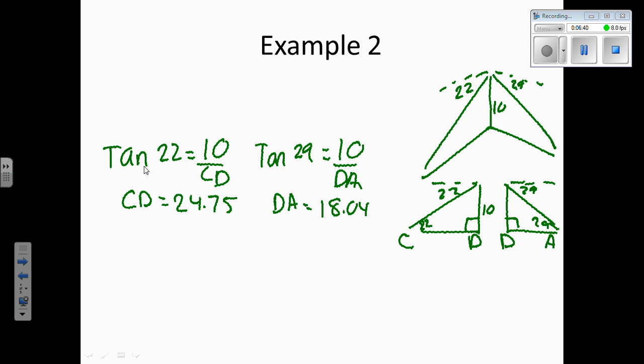Okay, so I have figured out the lengths. Now I want to put it into my next diagram.